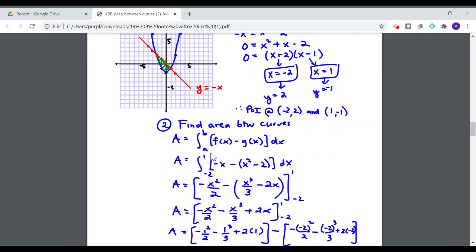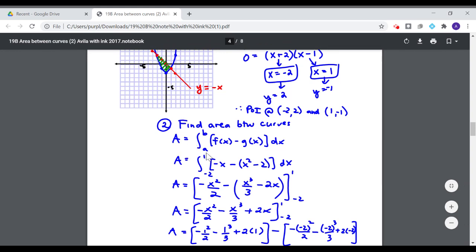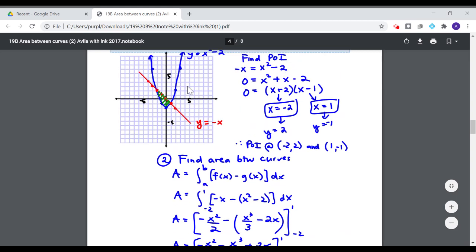To find the area between the two curves, I want to find the integral on the interval from a to b of f of x minus g of x dx. So the lower boundary is negative 2 and the upper boundary is 1. The upper curve in this case, I can only really tell if I make a graph. So the upper curve here is negative x, and the lower curve is x squared minus 2.